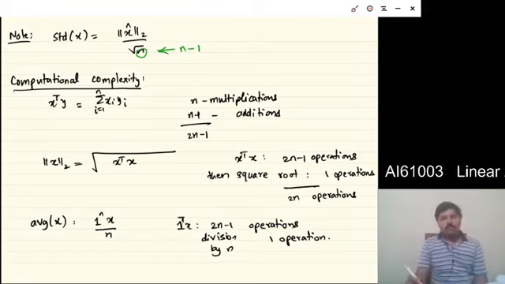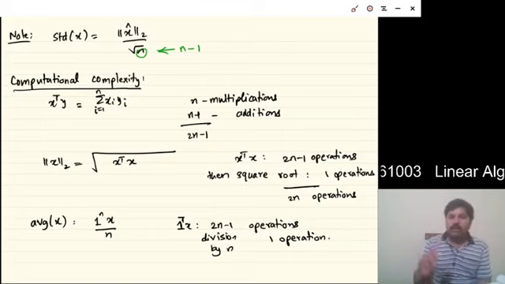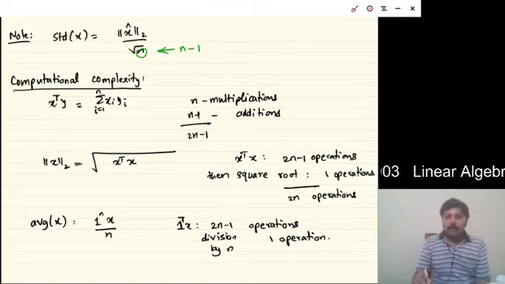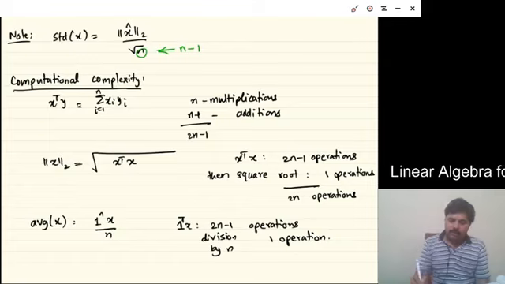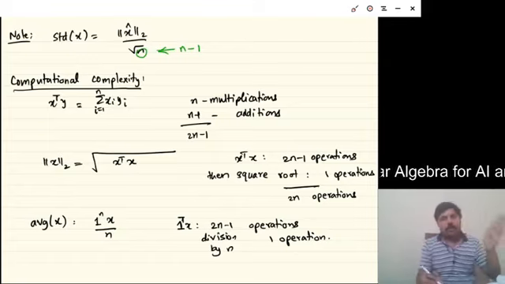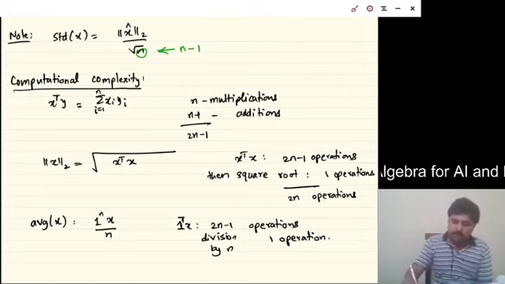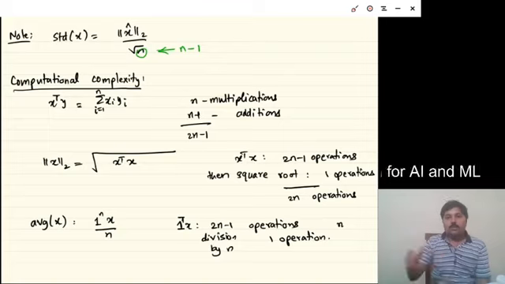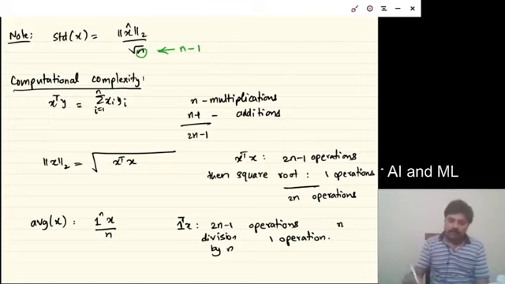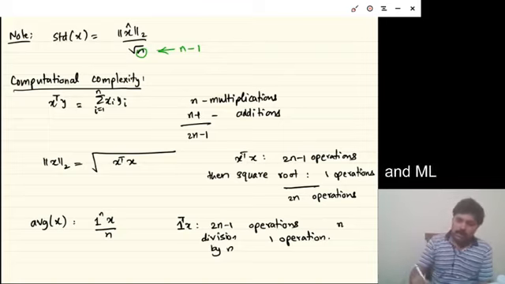But if you are a little bit clever, it does not really require 2n minus 1 operations, because you have a vector of 1s which are only constants, so you are doing only n additions, just adding up the entries, and then one division by n.